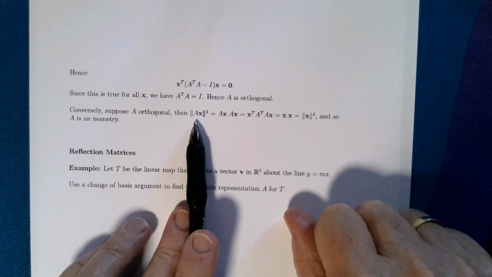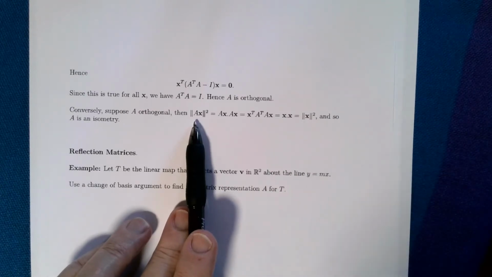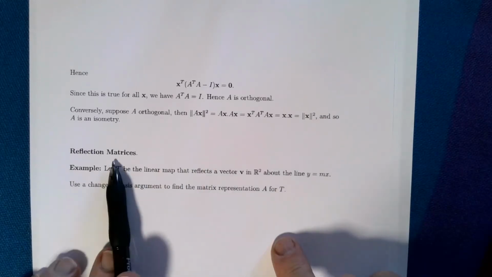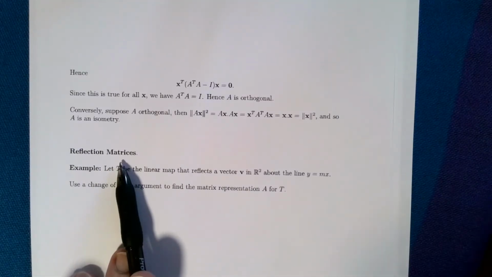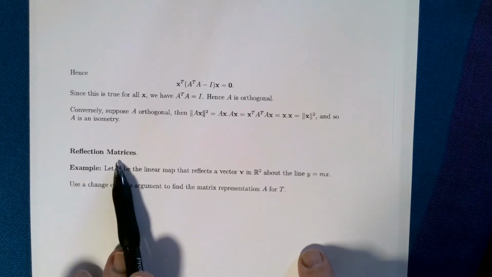Well, as well as rotation matrices that preserve length, reflection matrices do the same thing, in fact, and so I thought we might find the form of a general reflection matrix that reflects about some line. This again is all happening in 2 dimensions.